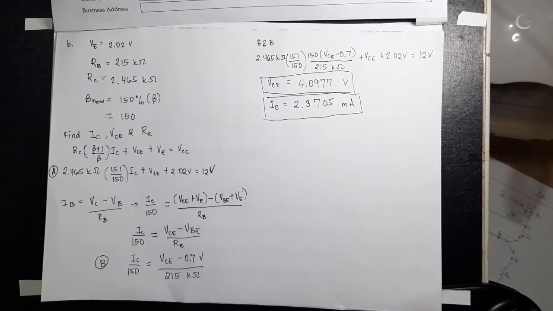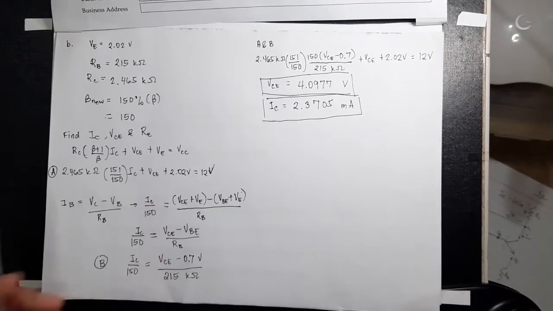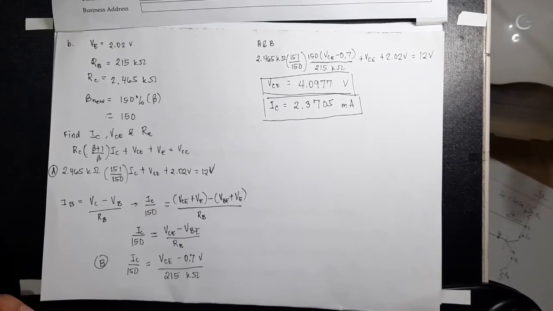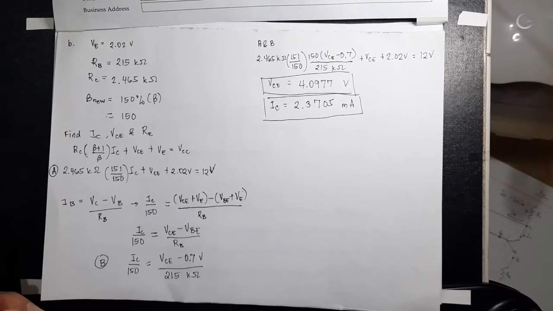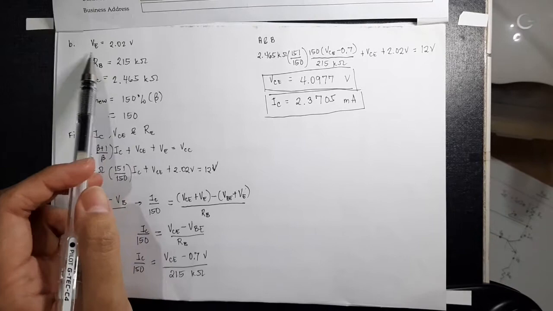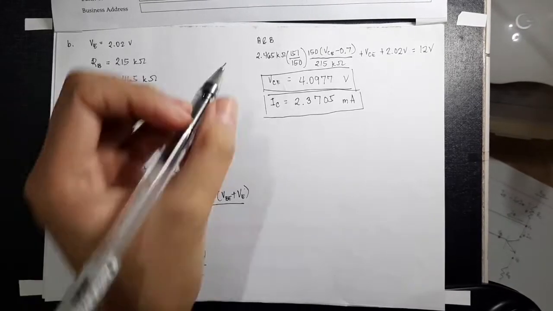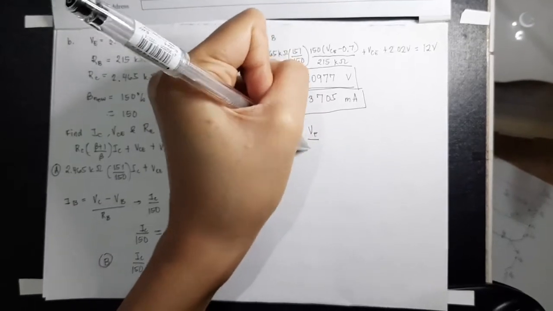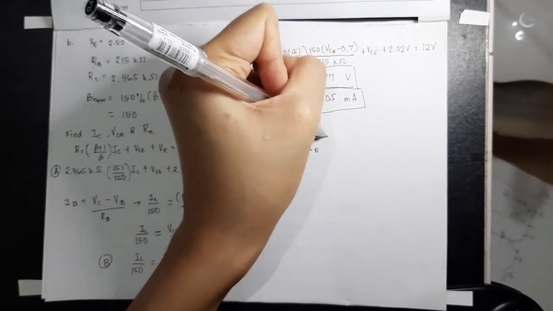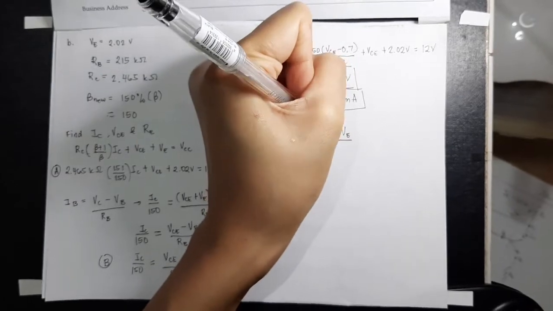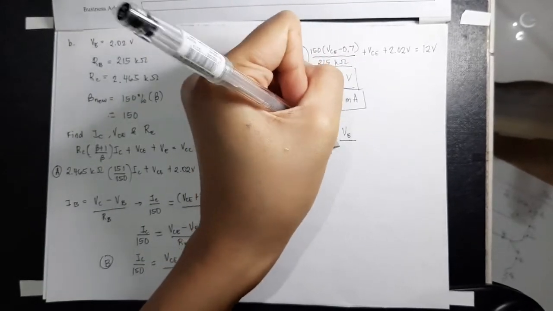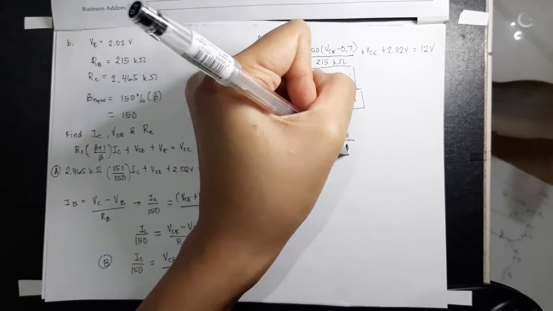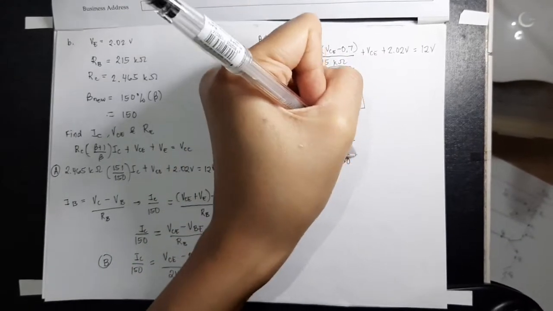And lastly, we're looking for the value of RE. So for RE, since we already have the value of VE, RE is just equal to VE over IE. But IE is 151 over 150 of IC.